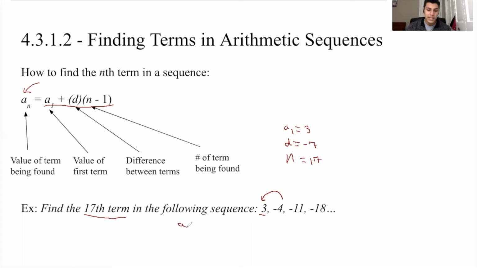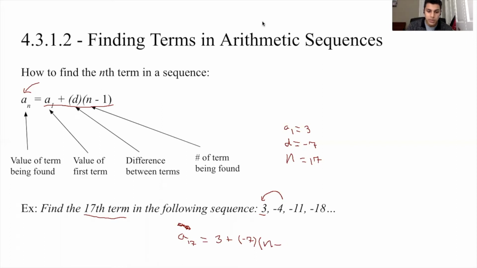So we have an, which is what we're trying to find. And I'm actually going to overwrite this as a17, which is our 17th term, is equal to a1, which is 3, plus d, which is -7, times n minus 1.